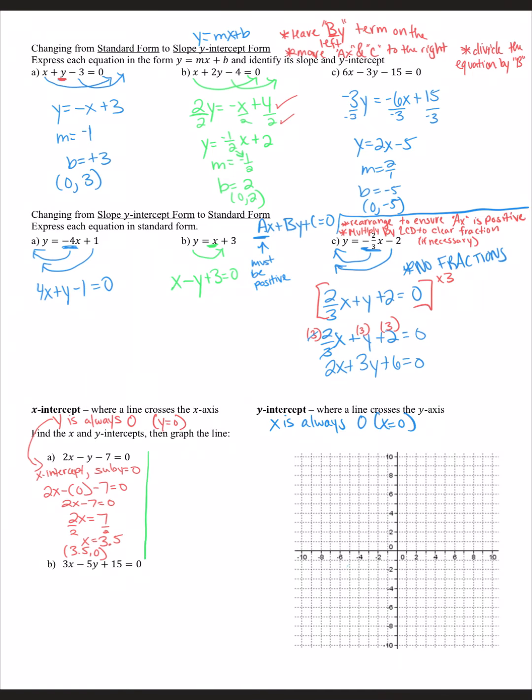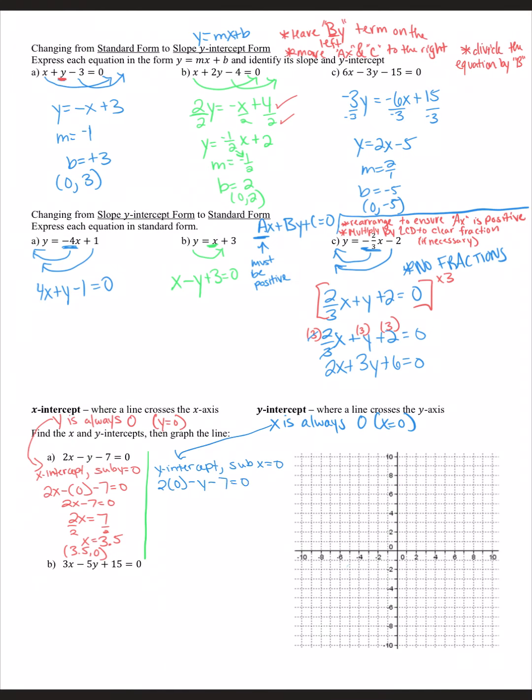Okay, I'm just going to draw a line to separate these two. And then we'll take a look at our y-intercept. So our y-intercept, keeping in mind what we just said here, for our y-intercept, x is always equal to 0. So we're going to sub in x equals 0. So we have 2, and then in place of x, I'm going to put a 0, minus y minus 7 equals 0.